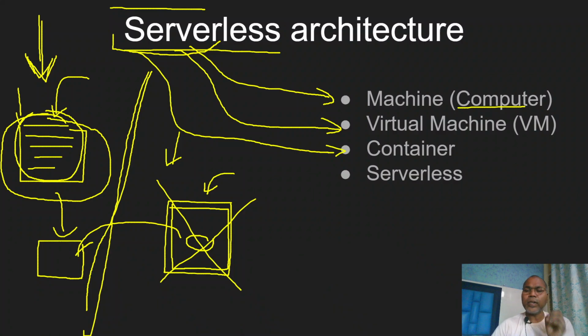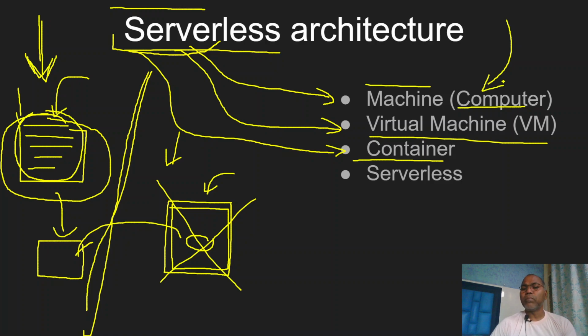So let's talk a little bit about what a machine is, and how sometimes we deploy our application on a virtual machine as well. What is a virtual machine? Nowadays we also talk about containers. We can run my software component on a container. So there are three things till now. You can build your software, build your package, and run it on any machine, or on a virtual machine, or on a container.